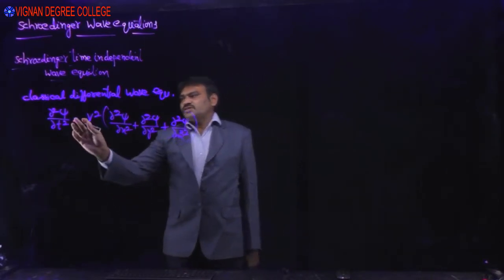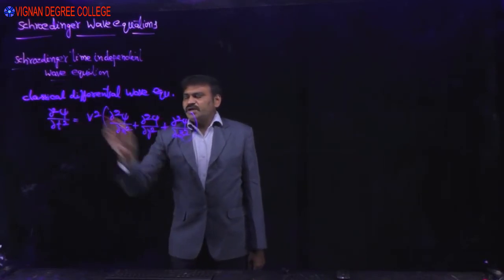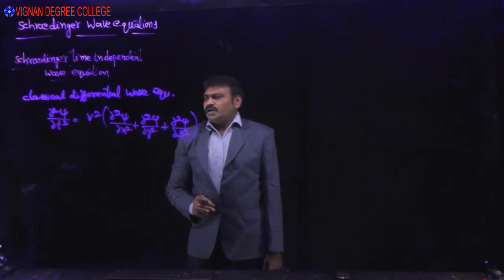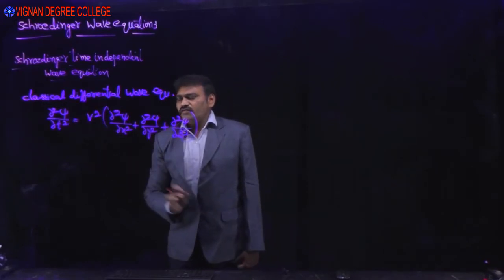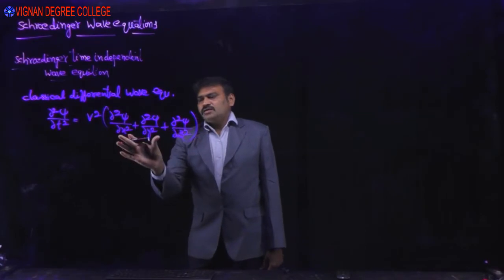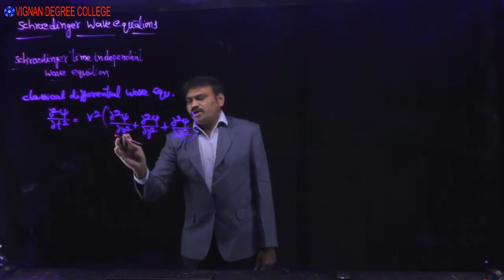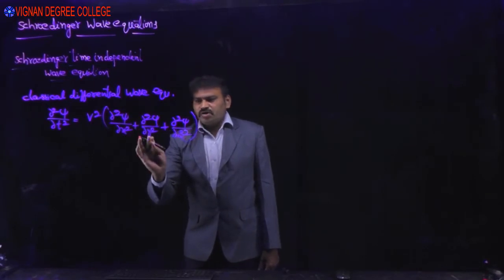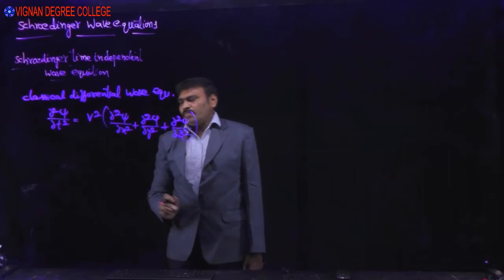Here in this equation, psi is the wave function, or the displacement of the wave at any time. v is the wave velocity. And dou square by dou x square plus dou square by dou y square plus dou square by dou z square is the operator.